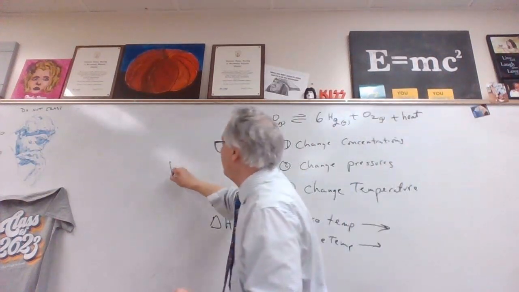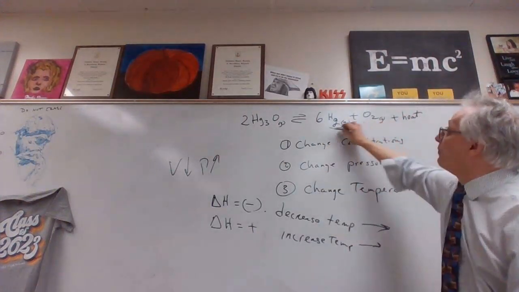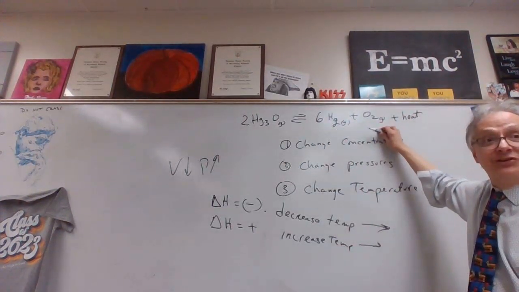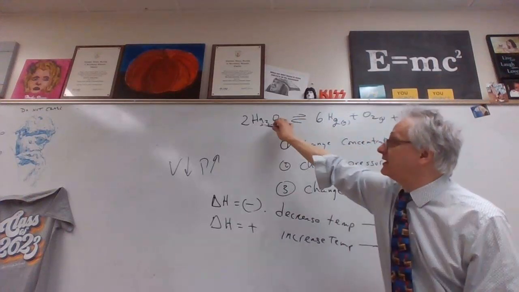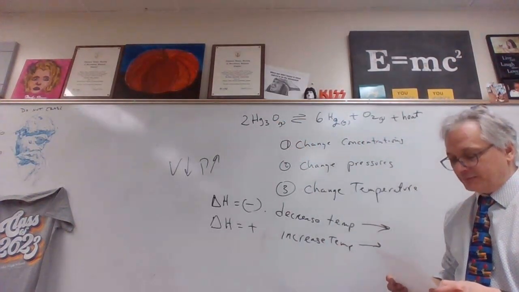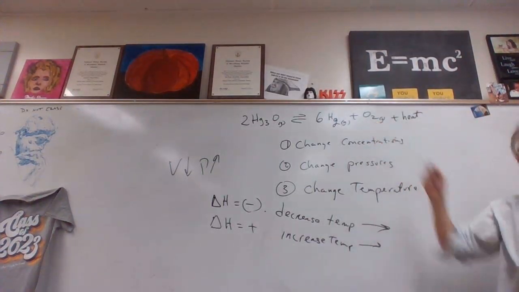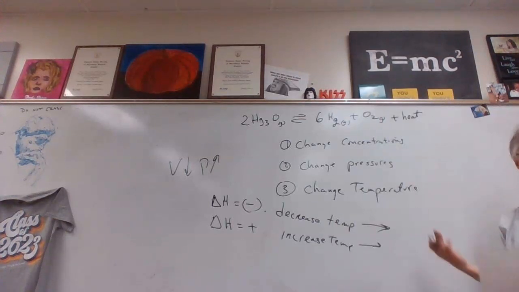If volume goes down, pressure goes up. You've got 7 moles of gas on that side, and Joey has it. Yeah, it's going to shift back that way. And then temperature is increased. I increase temperature. Yeah, back that way.